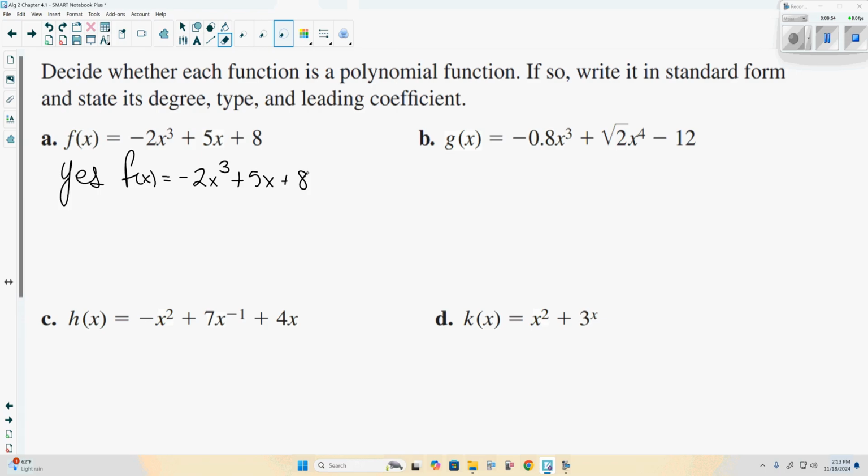Now the degree. What is our biggest exponent attached to a variable? 3, so the degree is 3. And the type would be cubic.